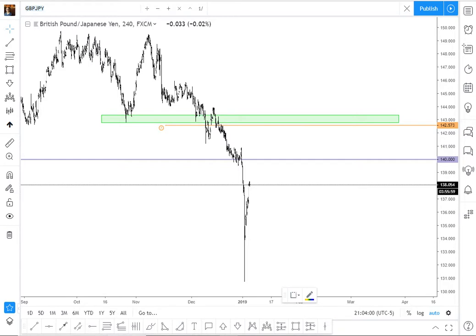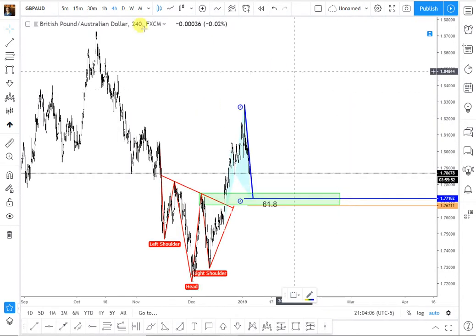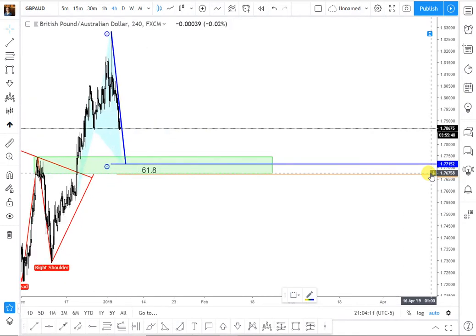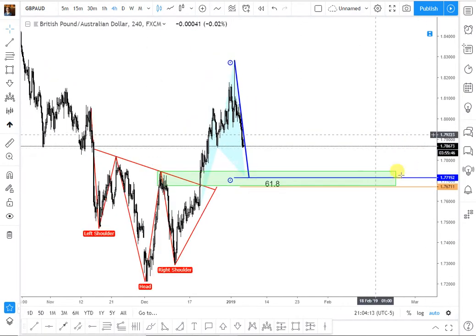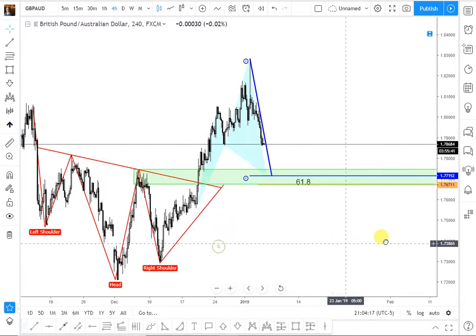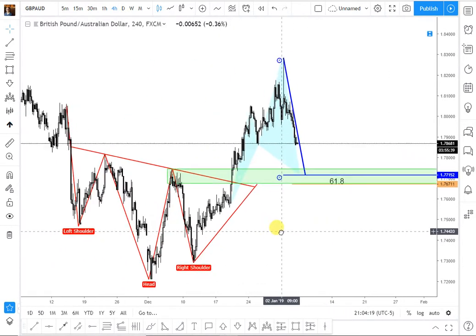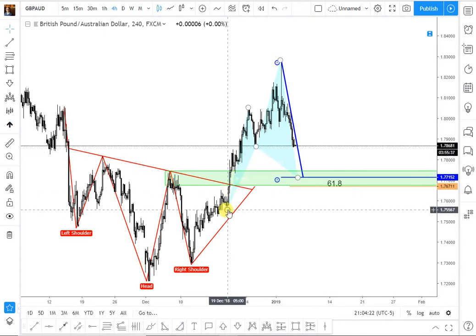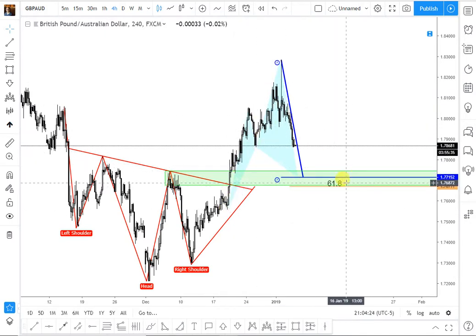Now we will switch to the GBPUSD, and this pair here we have on the 4-hour time frame. We have a cipher pattern here, which will be complete at 1.7715 in this area.